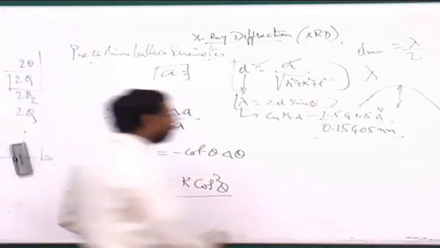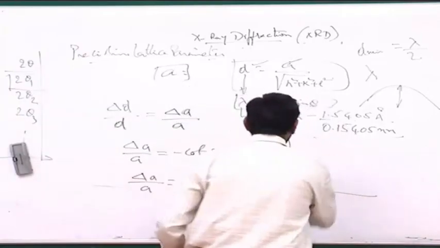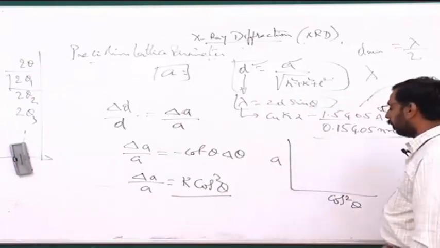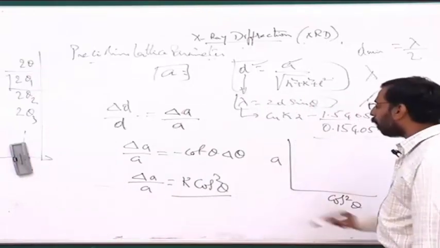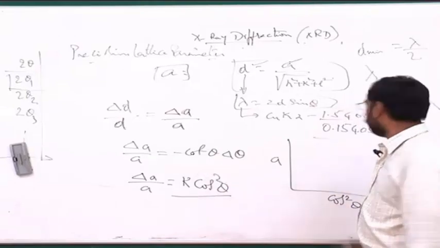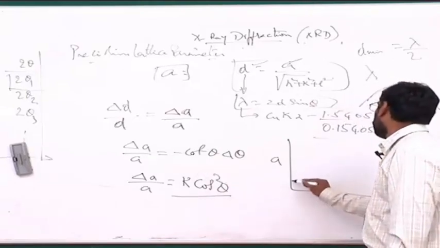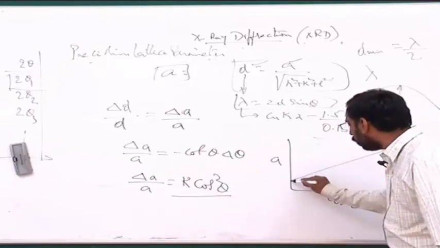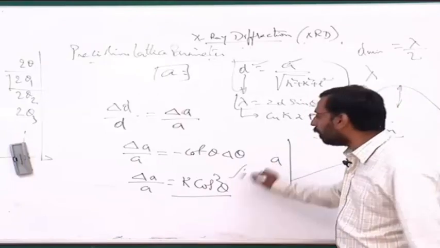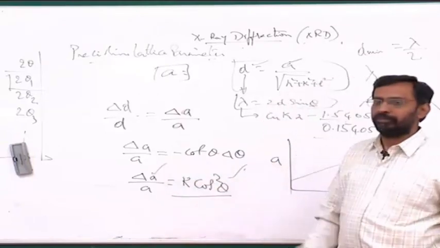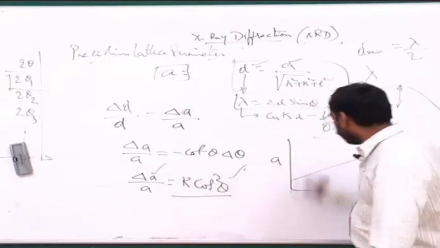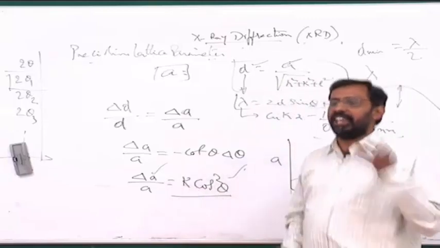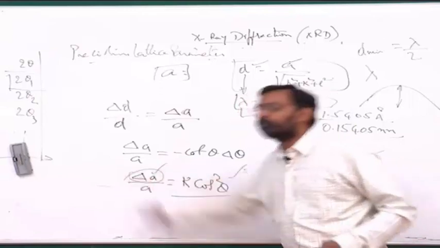So what people simply do is plot the lattice parameter as a function of cos square theta, and you see that as cos square theta increases, the lattice parameter will increase. Find out when cos square theta is 0, and when cos square theta is 0, delta A is 0. Okay? So whenever cos square theta is 0, then the A that you get will be the precise A, because the error in A is 0.